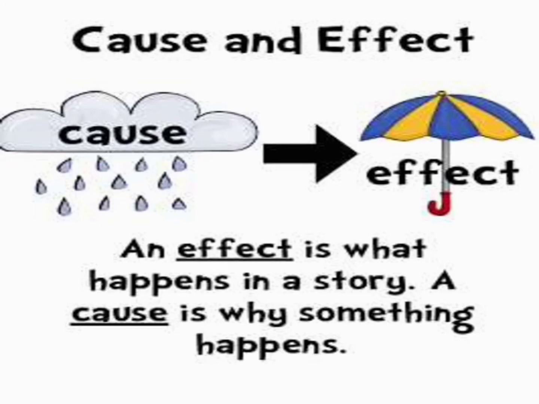So using an umbrella is a result given by the rain. Raining is the cause and using an umbrella is its effect. Raining is the reason and using an umbrella is the result. An effect is what happens in a story, and a cause is why something happened.